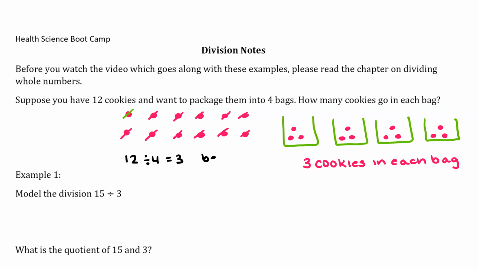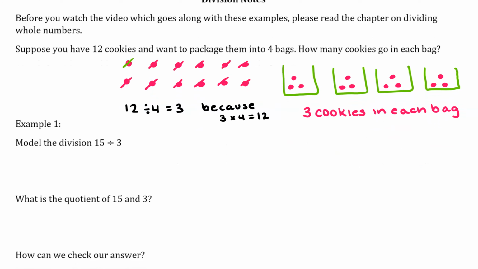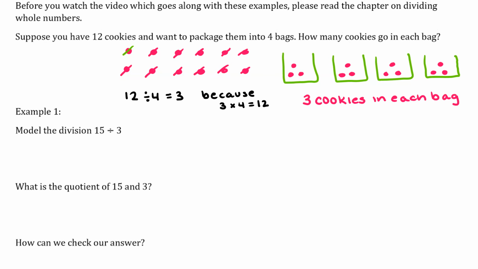But that's because 3 times 4 equals 12. So if you know your multiplication facts, specifically that multiplication table, you can do division of any numbers that are in that table. Okay, now let's try modeling the division of 15 divided by 3.